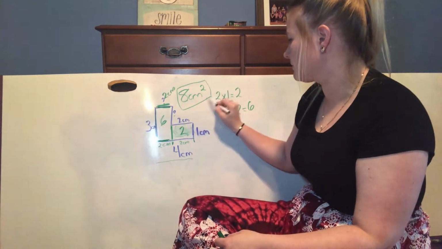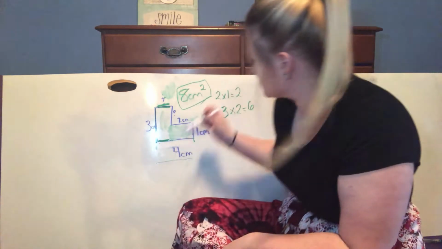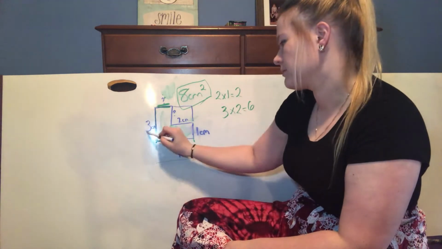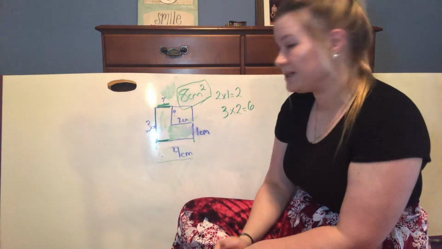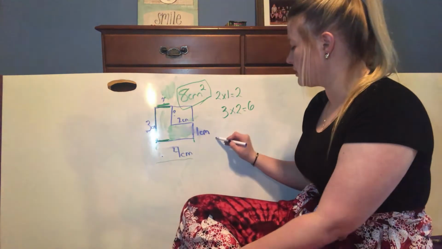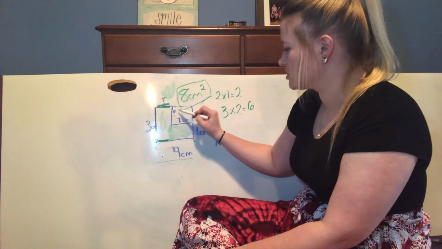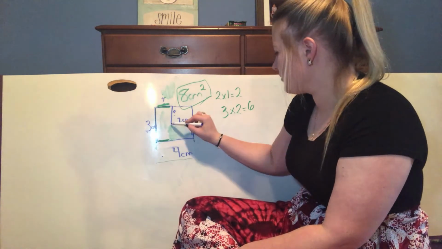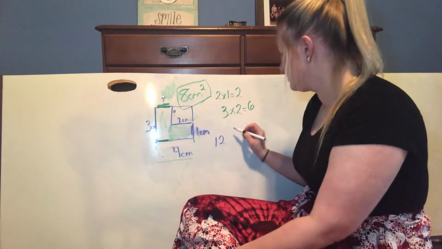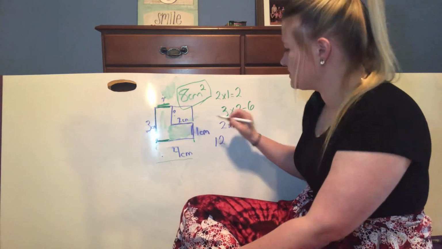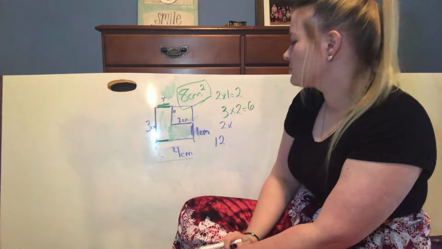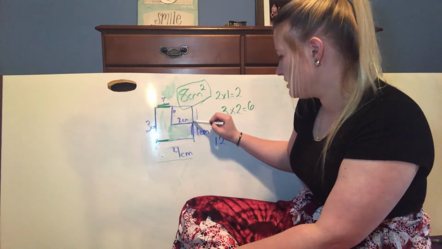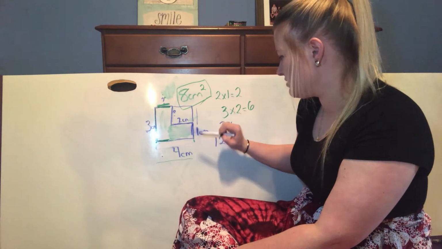Very important. Now for this shape, we could have just filled in this line here and gone 3 times 4, which might have been easier. 3 times 4 we know is 12, and then we have to just take out this little piece. So we know that we've got a 2 times, and we need to find this length. To find that length, we're going to look to this edge. We know that from here to here is 1 centimeter.